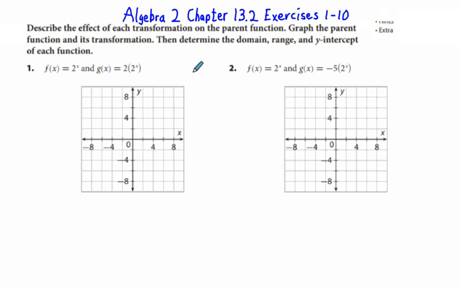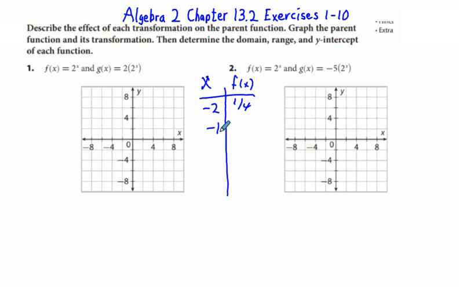So this goes back to f of x equals 2 to the x power, and what that looks like. We did this in our introductory video. For x equals -2, we have 1/4 as an output because it's 1 over 2 squared.